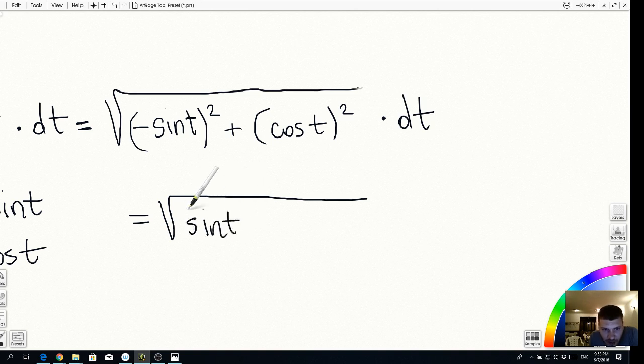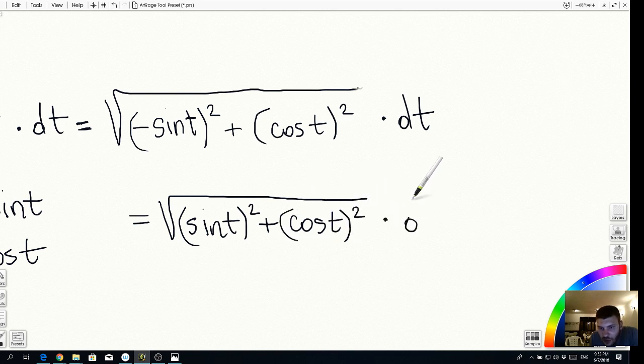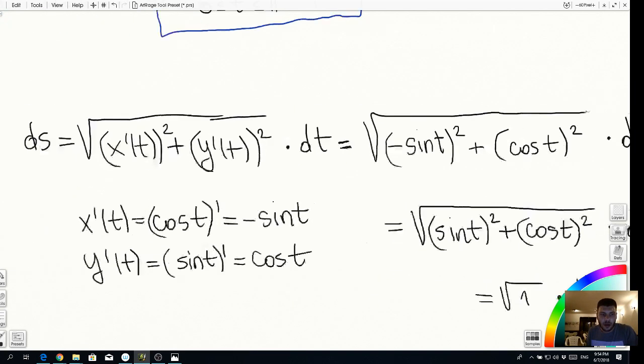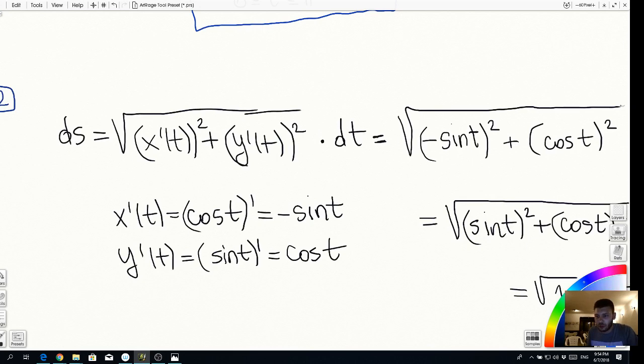So we have sin t squared plus cosine t squared times dt, and using the trigonometric identity, this is equal to 1. So we have square root of 1 times dt, and that is equal to dt. So we have calculated ds, and ds is equal to dt.